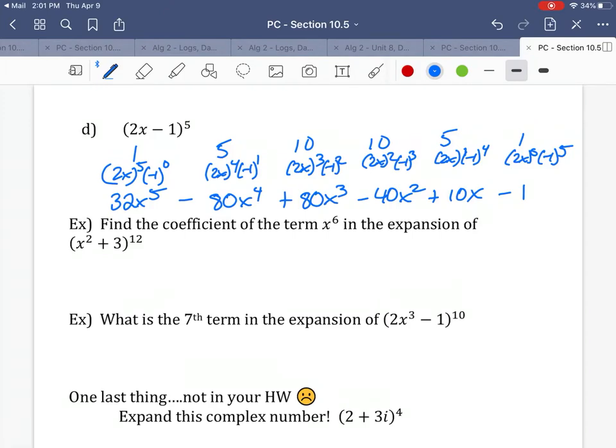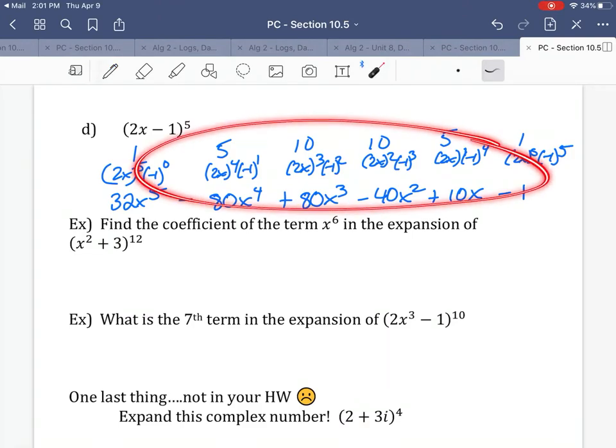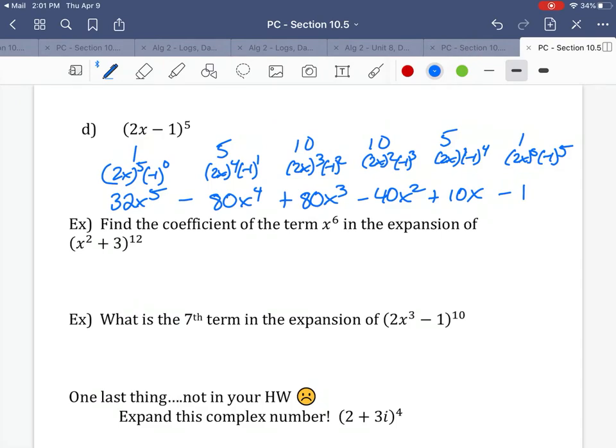So remember, here's my setup. All these little pieces of my problem up here were made by doing this. I would have this power, so I'd have 12 choose some number. I would have x squared to some power, and then I would have 3 to some power. So let's choose what the powers should be. I want x to the sixth, so if I put a 3 right here, 2 times 3 is 6.